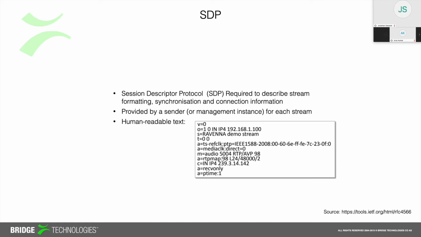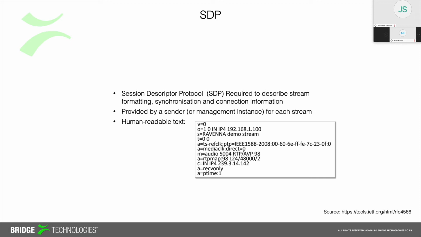All of that information can be held and transmitted in a Session Descriptor protocol, and this is used by any device in the network to identify the stream that it sees and to determine whether or not it wants to join that stream because it needs to process it in some way.